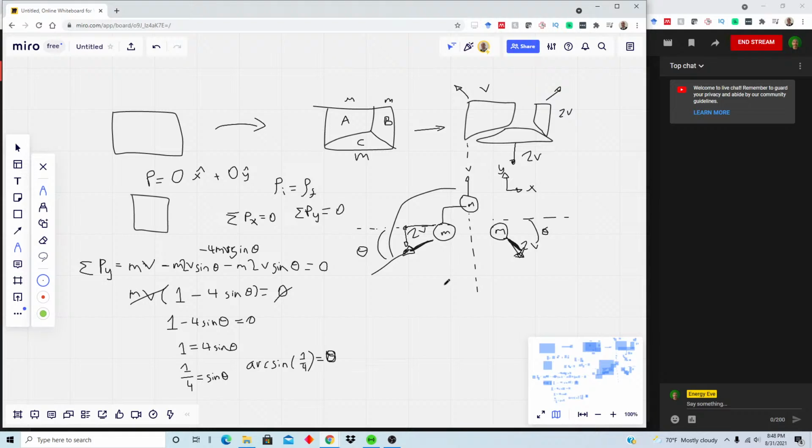The interesting part is, if you look at the answers, the first one is pi minus arc cosine 1/2. Pi minus arc cosine 1/3.